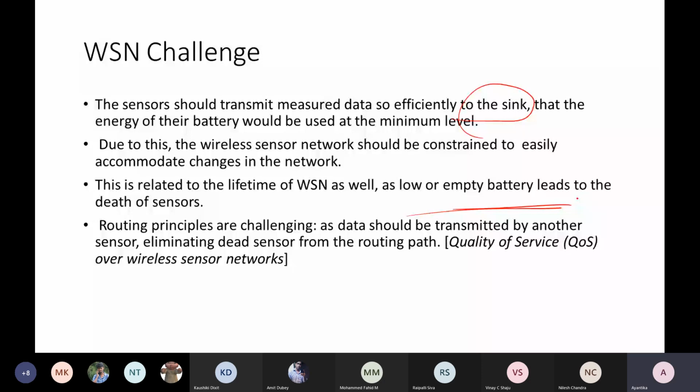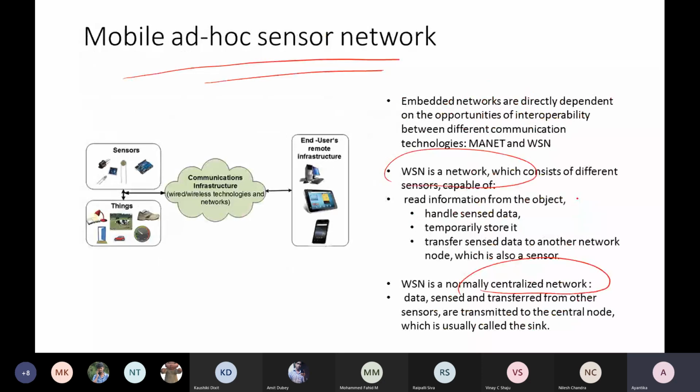So whenever we choose a routing algorithm, my cost is not only the distance from one node to another. We have other features to consider, that is power, the lifetime of that node. Everything should come into the picture, and together that will form this mobile ad hoc sensor network suitable for our embedded scenario.